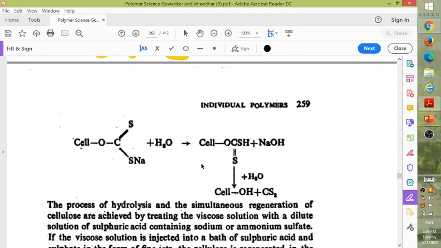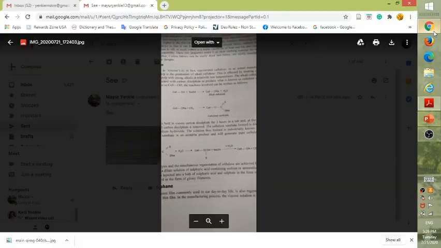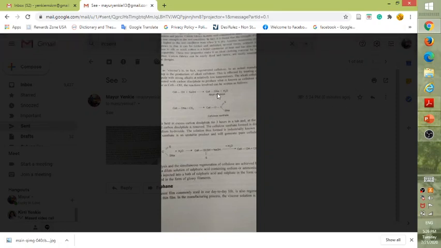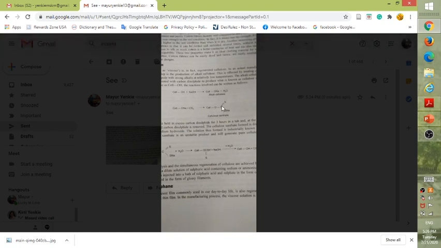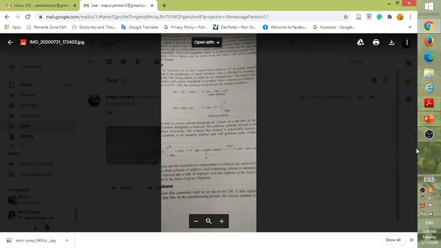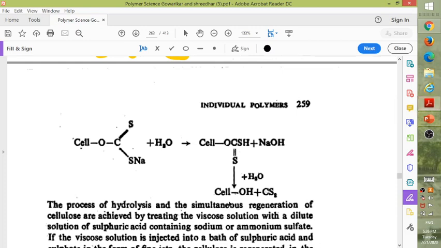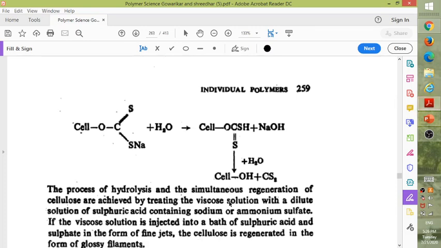Representing cellulose as cell OH, the reaction involved can be written as follows. So once again, these two reactions: cell OH plus NaOH giving cell ONa, that is alkali cellulose, plus water. Then cell ONa reacting with carbon disulfide giving cell-O-C(=S)-SNa, which is cellulose xanthate.